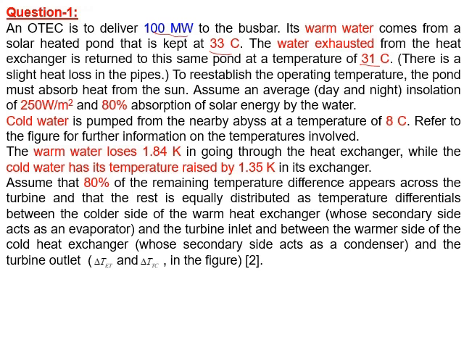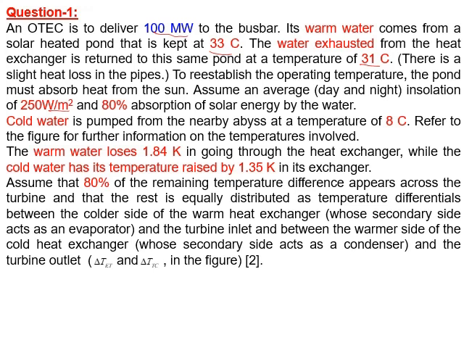To re-establish the operating temperature, the pond must absorb heat from the sun. Okay, assume an average day and night insolation of 250 watts per square meter, and 80% absorption of solar energy by the water. So we lose 20% of 250, meaning we lose 50. So at the end, 200 watts per square meter.